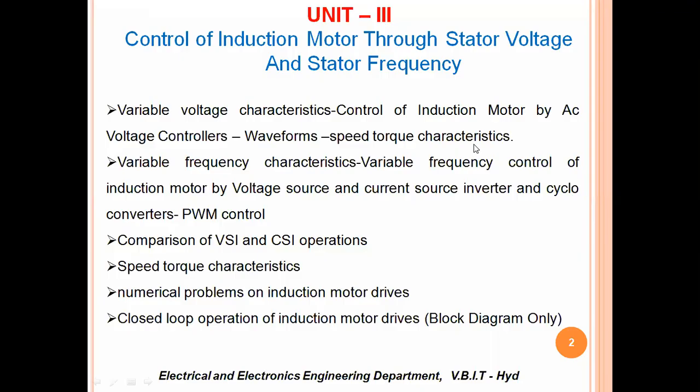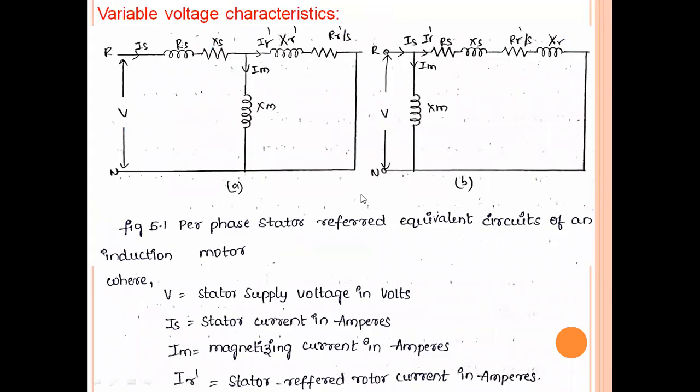Now, let's see the variable voltage characteristics. In order to draw the variable voltage characteristics, which means drawing the speed and torque relation, we have to derive the torque expression in terms of speed along with stator voltage, because the variable here is the voltage applied across the stator terminals.